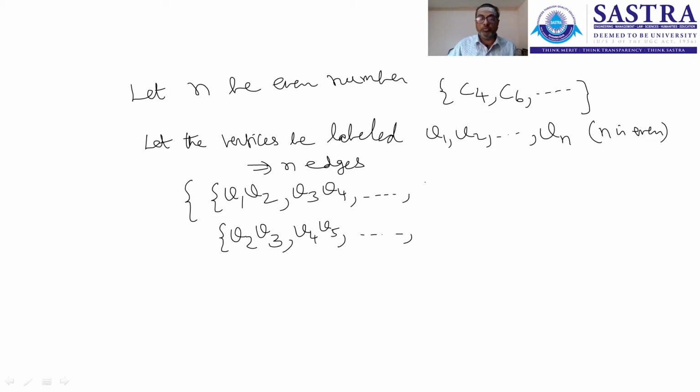The last ones would be Vn minus 2, Vn minus 1, and here I will have Vn minus 1, Vn. This will be a chromatic partition.